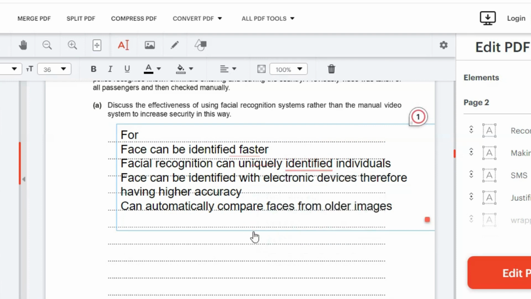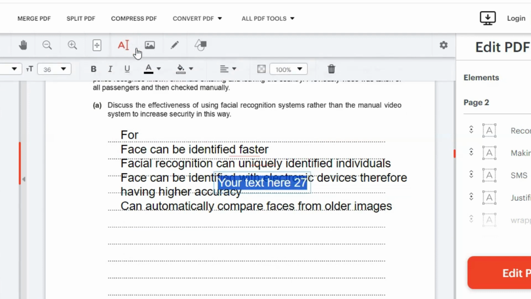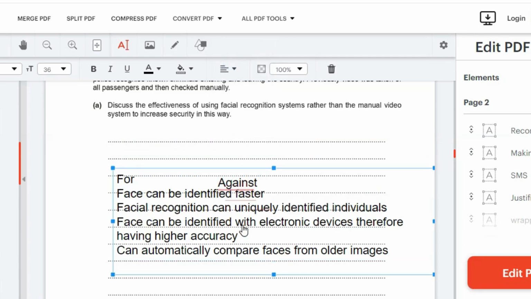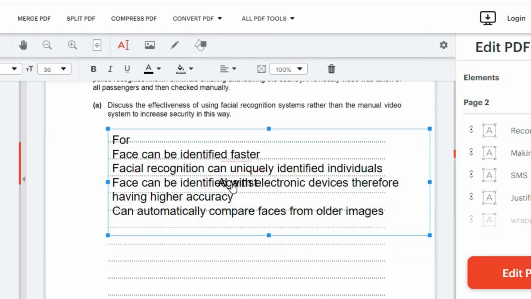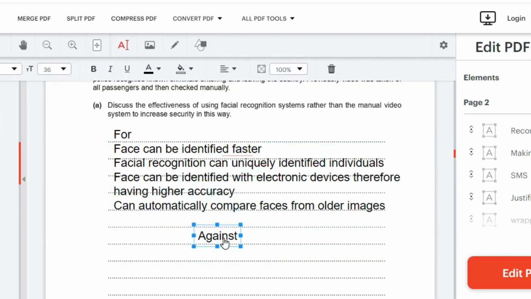All right, so now let's go to against. That is the advantages of using manual, which will be the disadvantages of the facial recognition system. So we call it against. All right, so what do you think are the disadvantages of using this? Yes, correct.